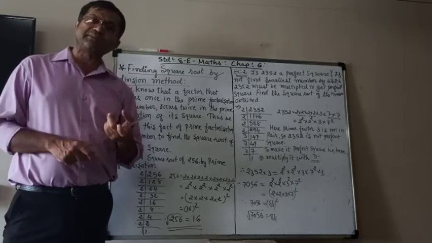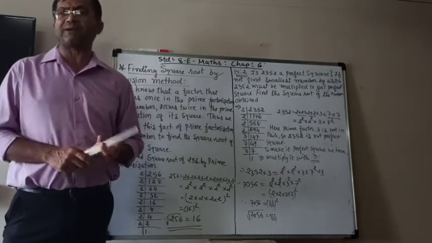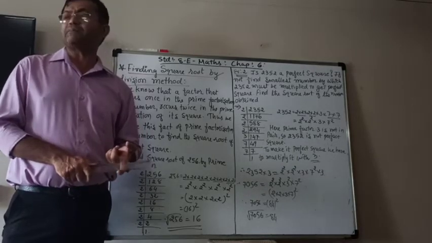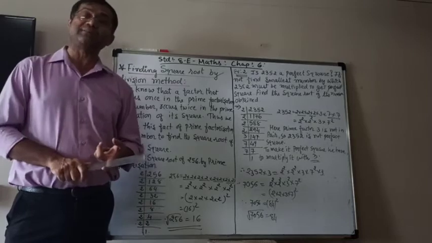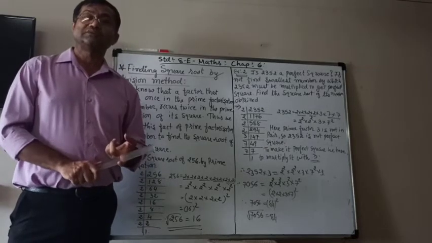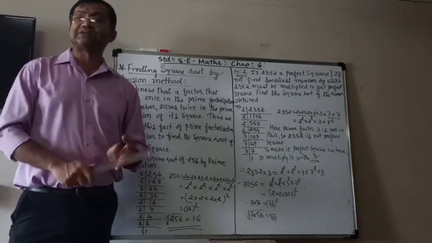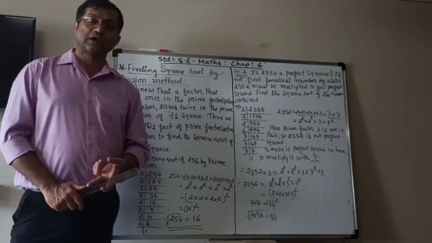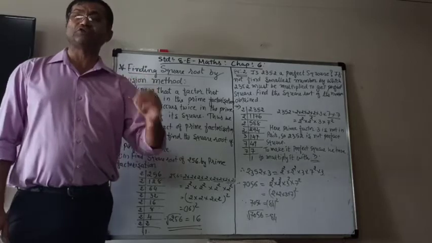If it is not divisible by 2, then we move to the next prime factor, that is 3. If it is not divisible by 3, then we move to the next prime factor 5, then 7, then 11, then 13 and so on, until you get the last answer 1.